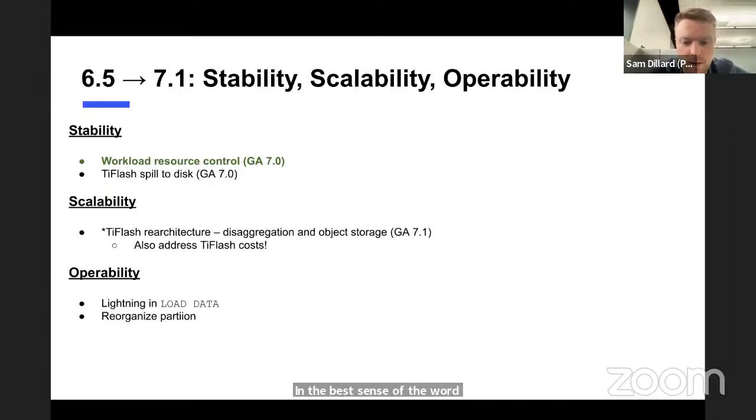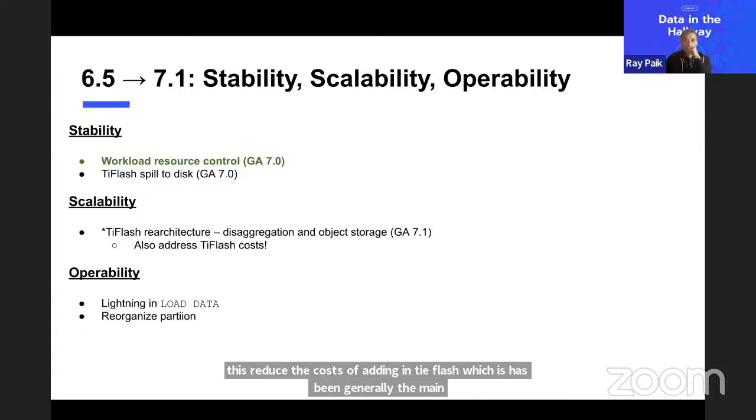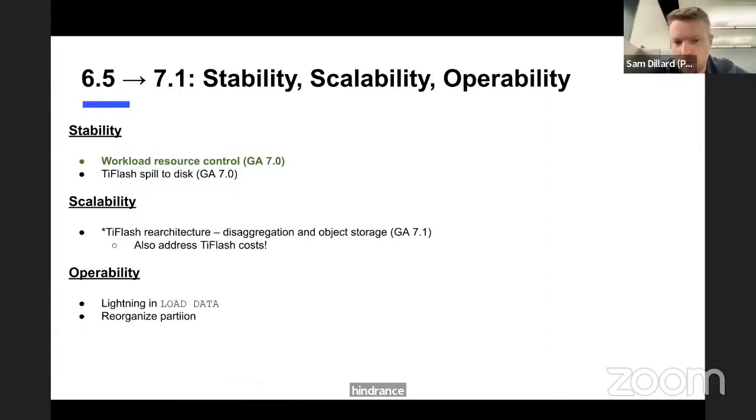And by separating the compute and storage, a lot of the computing is happening outside of that storage engine, so being S3 doesn't necessarily slow down the operations. Overall, this will reduce the costs of adding in TiFlash, which has generally been the major hindrance getting in the way of people adding TiFlash nodes, because they're like, well, I'm adding a fourth replica of my data. So this will drastically help with that.